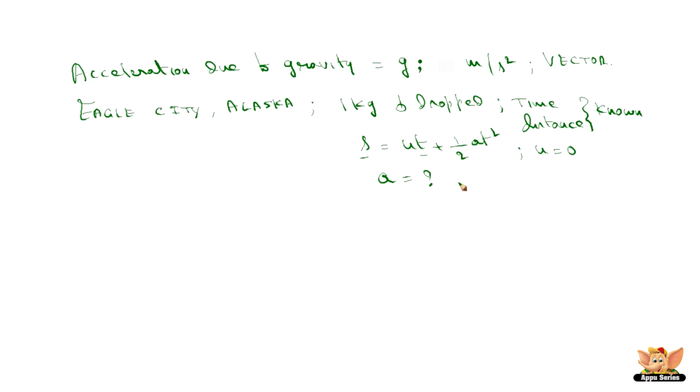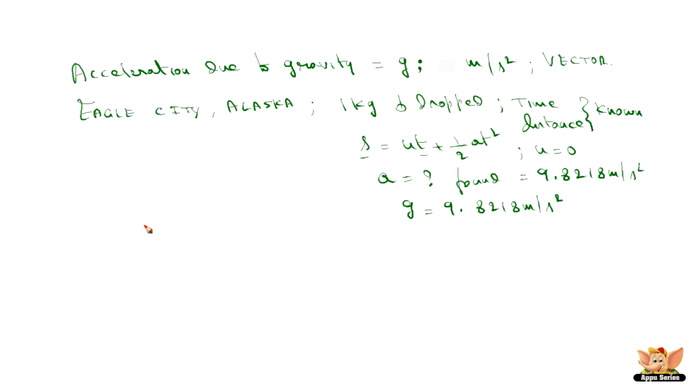This a was found to be 9.8218 meter per second square. Therefore, in Eagle City, Alaska, when 1 kg was dropped with a known time and distance, the g that we obtain is 9.8218 meter per second square.